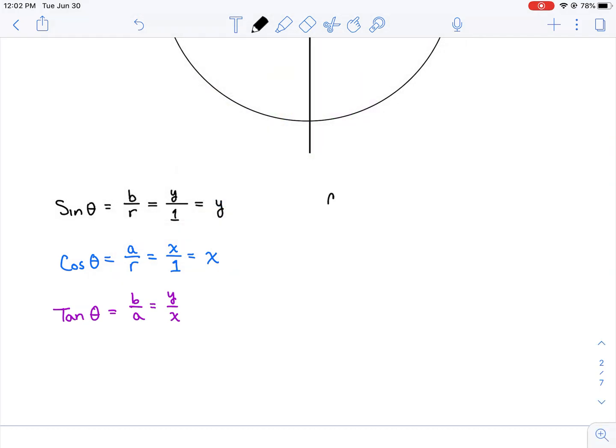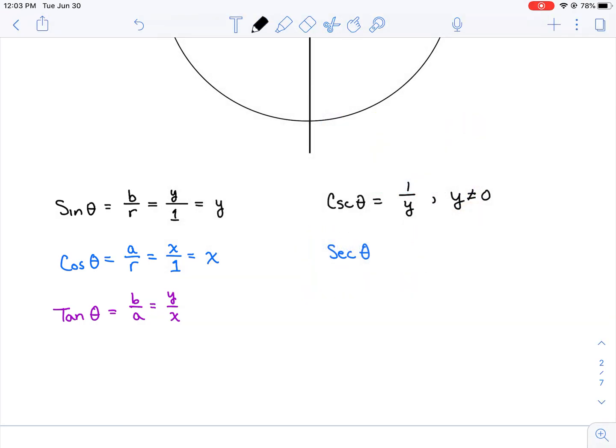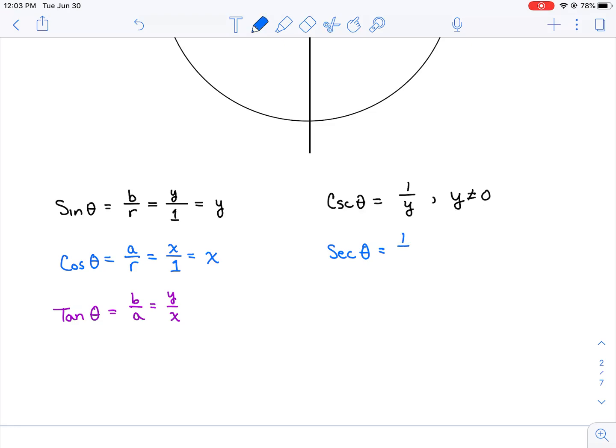Now for the reciprocal functions. Cosecant of theta will be 1 divided by y, and that's provided that y doesn't equal 0. The secant of theta is the reciprocal of cosine, and that will equal 1 divided by x, provided that x doesn't equal 0.